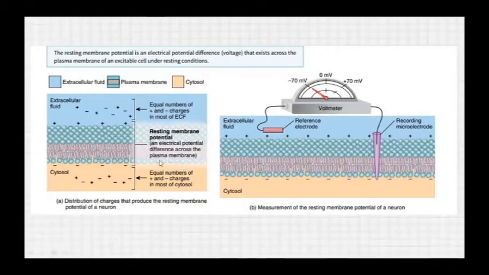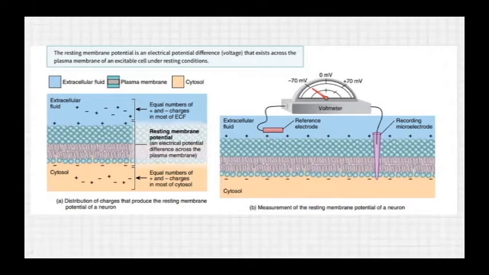That is an electrical potential difference across the plasma membrane. So, when we measure this resting membrane potential through a voltmeter, we will measure it around negative 70 millivolts, which is the typical measurement of the resting membrane potential.